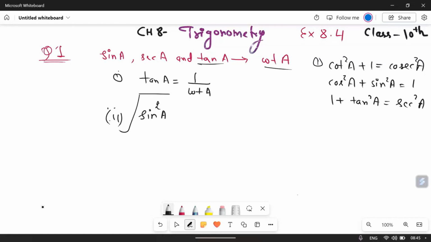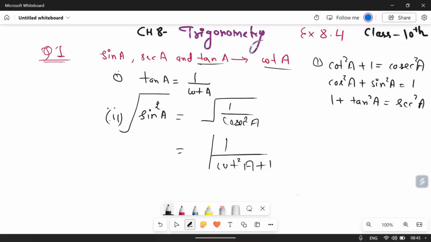After doing that, you have to write down what can be sine square A can be written in the form of cosec square A. So under root 1 upon cosec square A. Okay. Now we know the formula. So 1 upon cot square A plus 1, but the under root will remain like that.